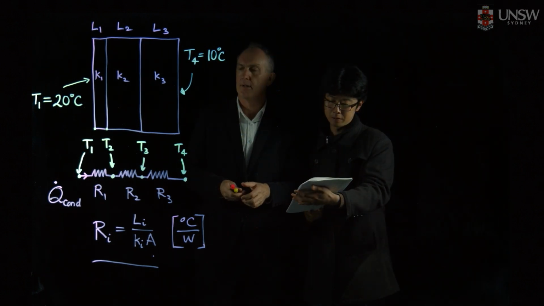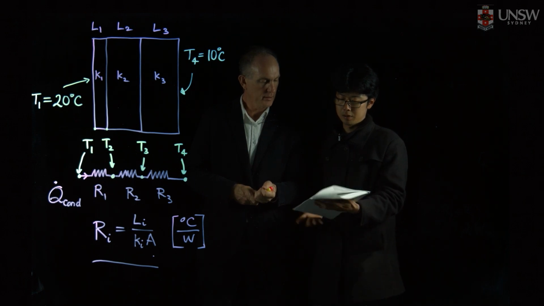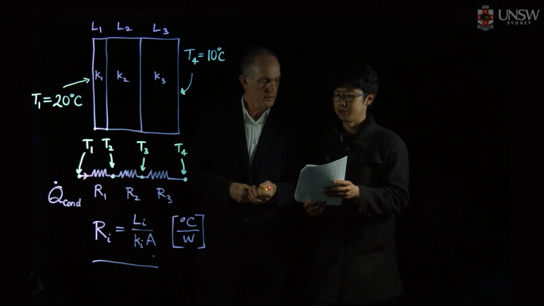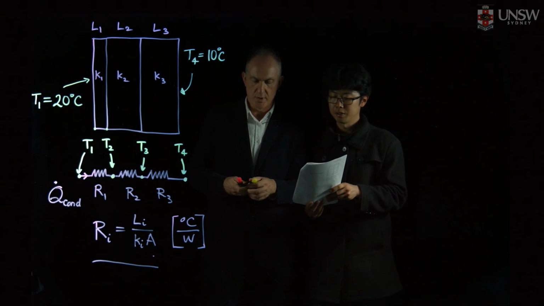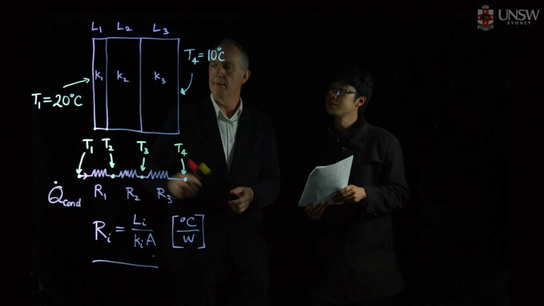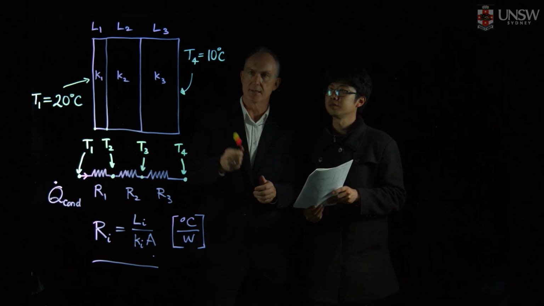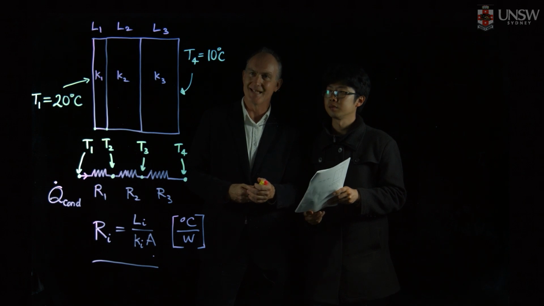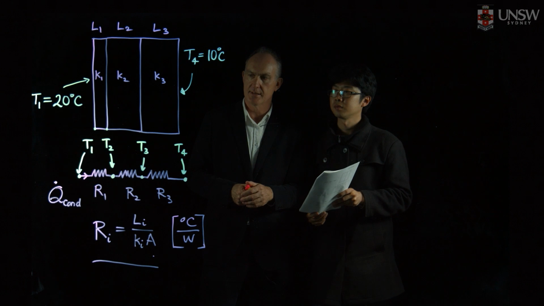All right. Now, the next part of the question, what do we need to find out now? We'll need to find out the temperature profile through each interface. Okay, great. Well, we know that temperature 1 on the inside of the wall is 20 degrees Celsius, and we know the outside wall temperature is 10 degrees Celsius. Let's see how we can calculate the other temperatures that we don't know.